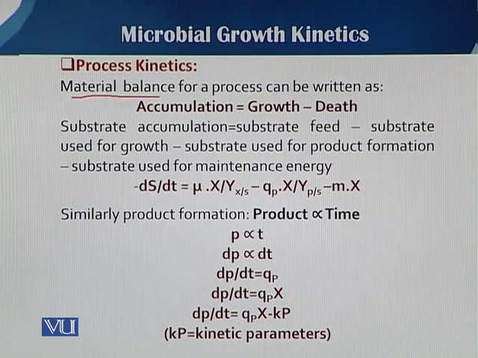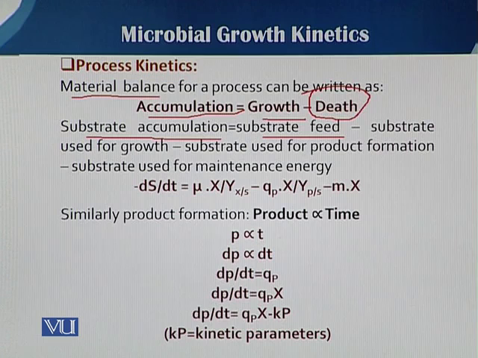As far as process kinetics is concerned, the material balance during the fermentation process can be written as: the overall accumulation is equal to growth minus the death of the cells. If we write this equation in detail, the substrate accumulation is equal to the substrate fed, minus the amount of substrate used for growth, and the substrate used for product formation.